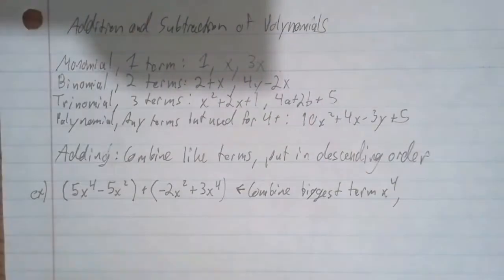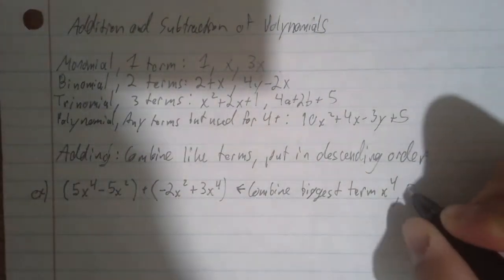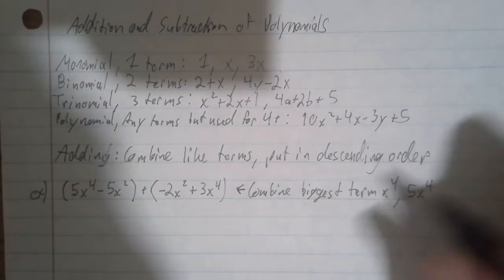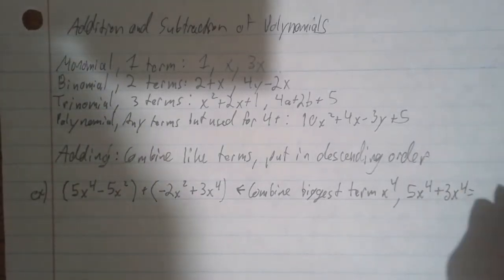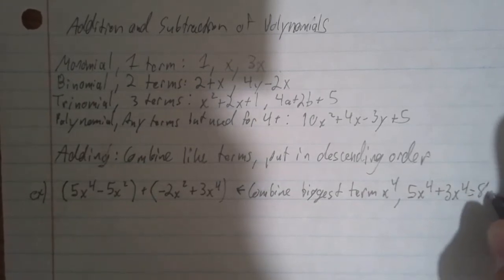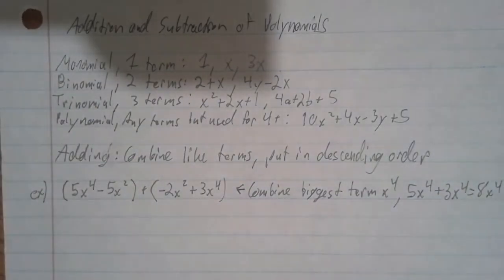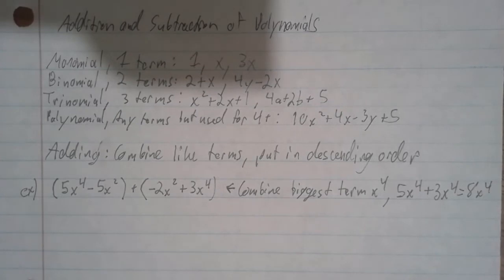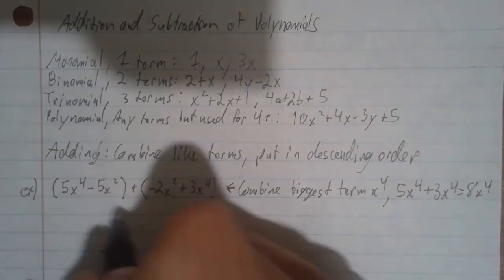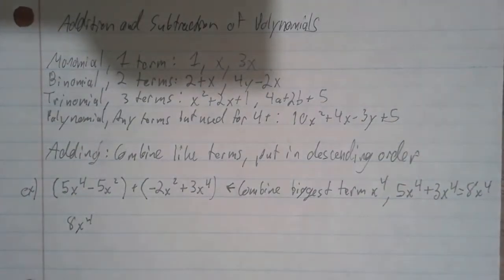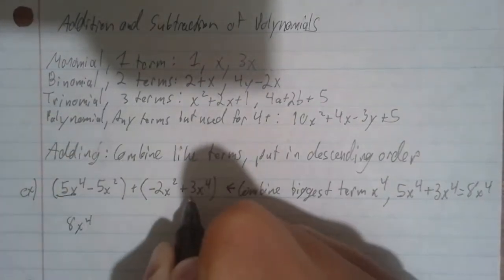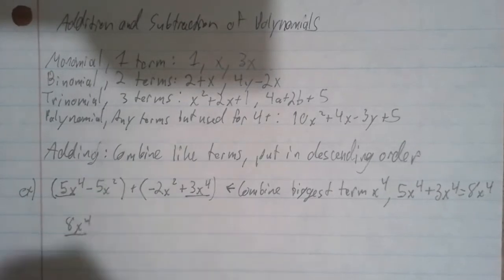So we're going to do 5x to the 4th plus 3x to the 4th to get 8x to the 4th. So this becomes an 8x to the 4th. So we combine that to get that.